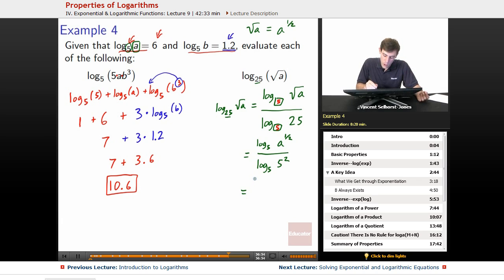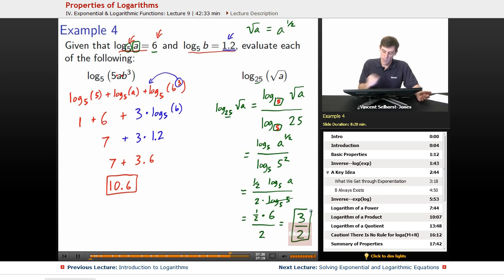So at this point, 1/2 log base 5 of a over 2 times log base 5 of 5. Log base 5 of 5 is just going to be 1. We swap out, we know that we've got 6 up here, so it's 1/2 times 6 divided by 2. 1/2 times 6 is equal to 3, still divided by 2.